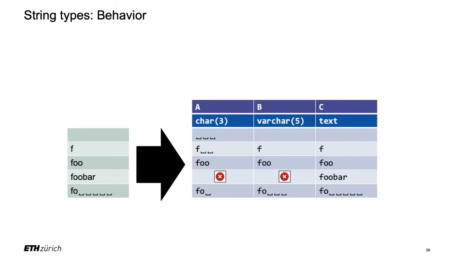But if it's a non-space, then it's going to throw an error. With char3, if you try to insert spaces, it seems to even crash. Andrea managed to crash PostgreSQL by trying to add a string with spaces at the end to char3. So it's something that it doesn't expect.